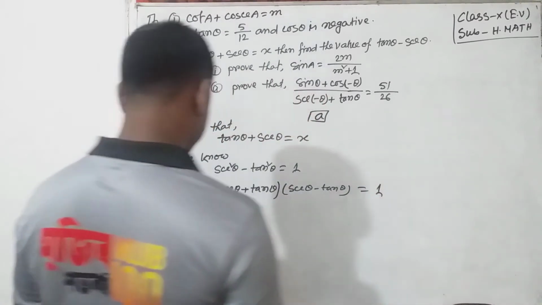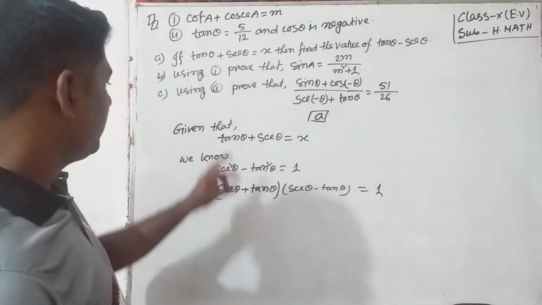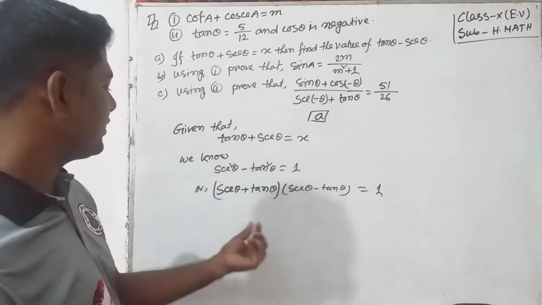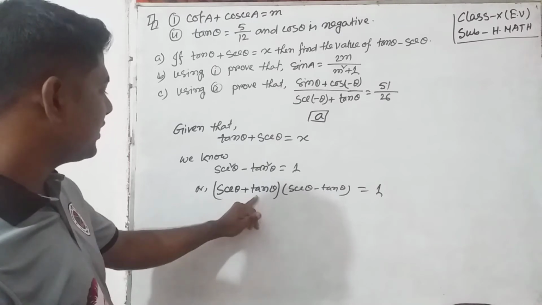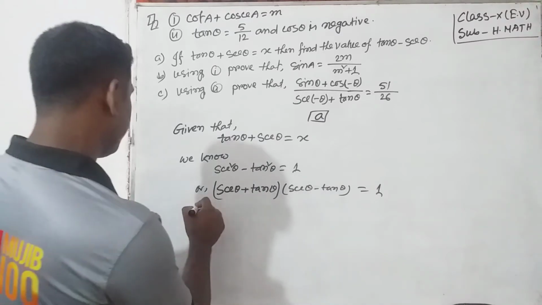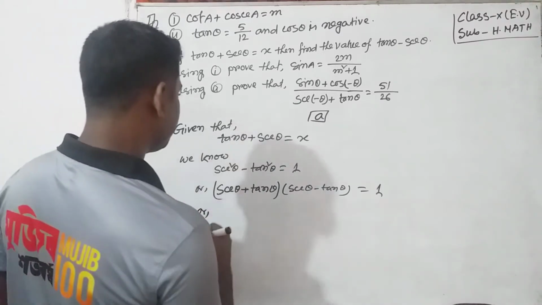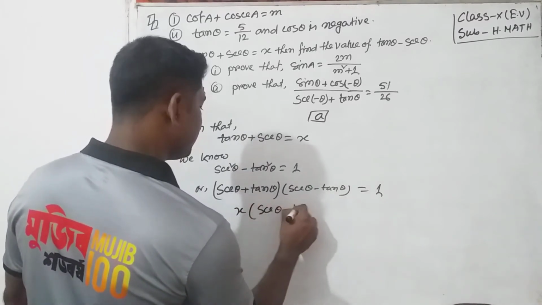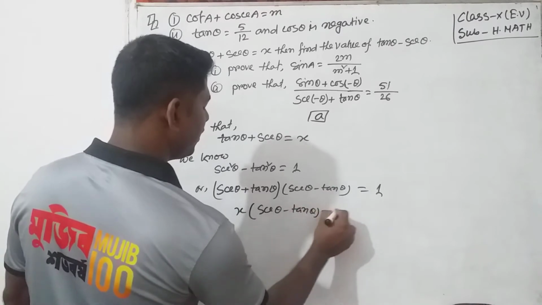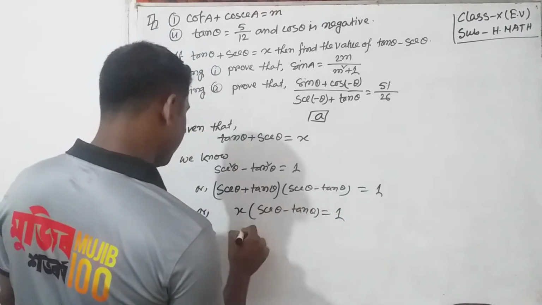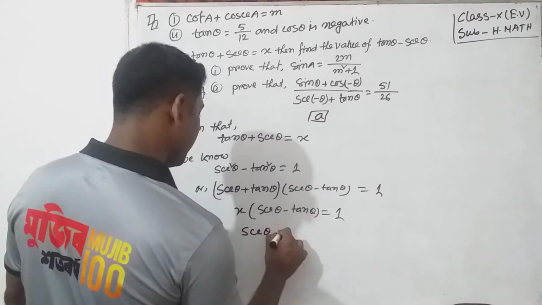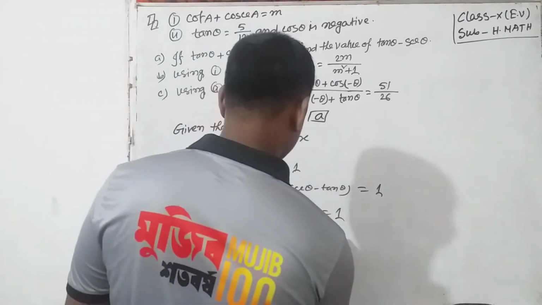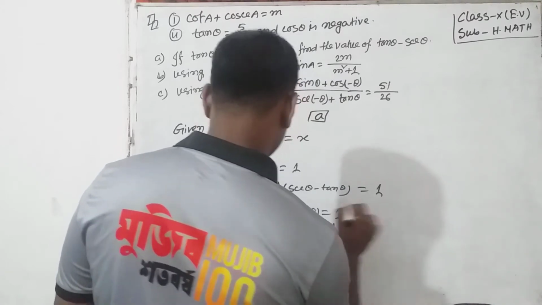Here the value of sec theta plus tan theta or tan theta plus sec theta equal x. Putting the value of sec theta plus tan theta equal x, sec theta minus tan theta equal 1 by x.